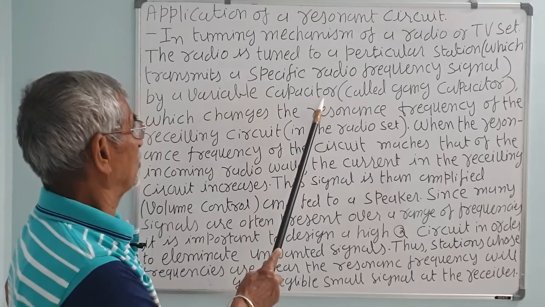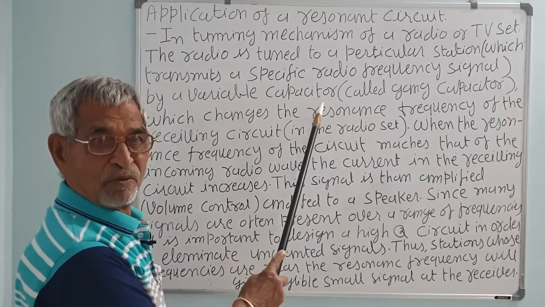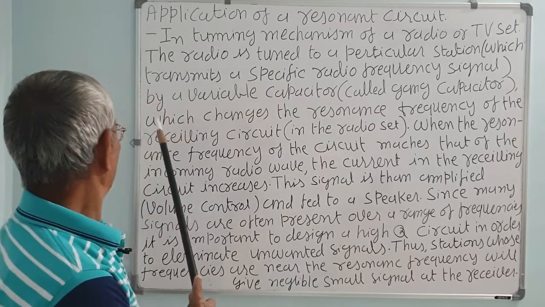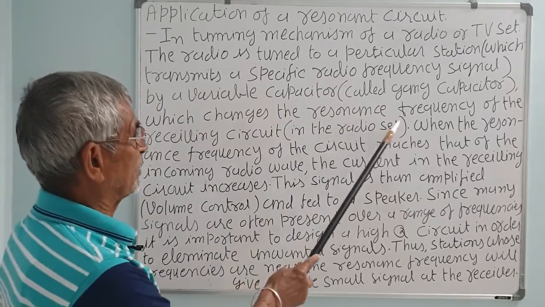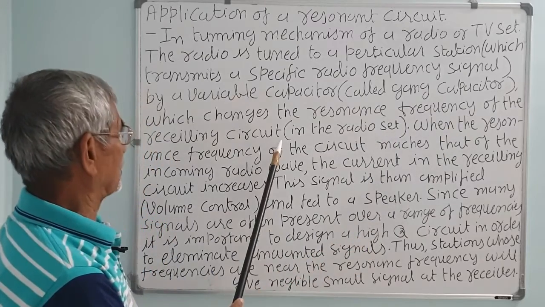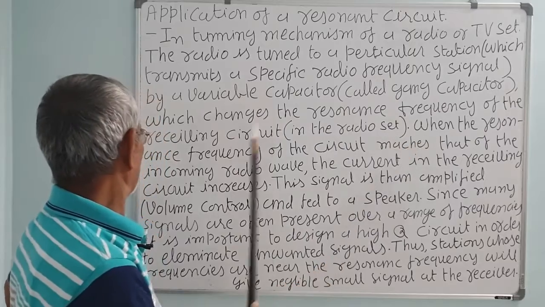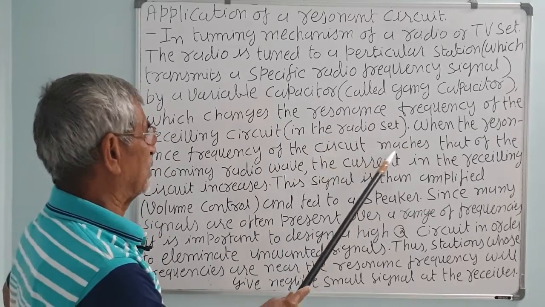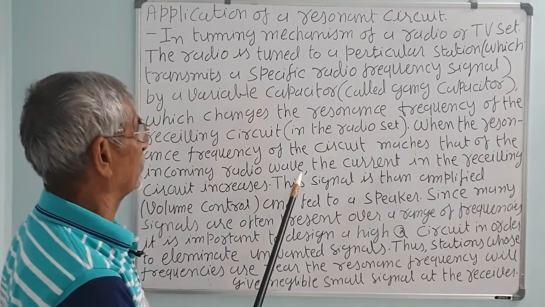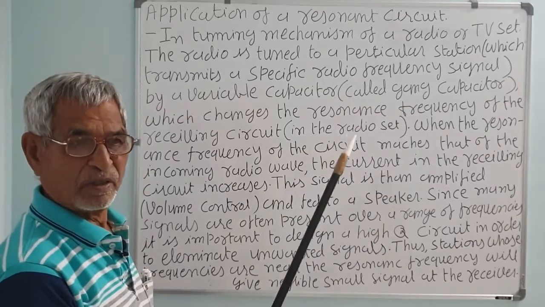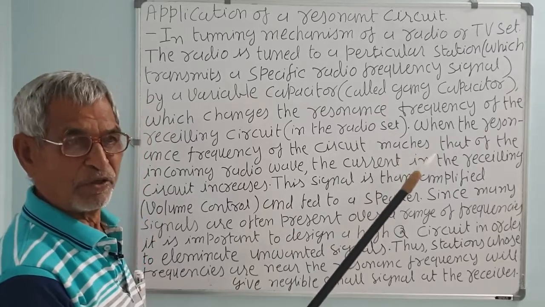Why variable? Because we have to match the resonant frequency, which changes the resonance frequency of the receiving circuit in the radio set. When the resonance frequency of the circuit matches the incoming radio wave, there are a number of waves coming from the transmitting radio station.